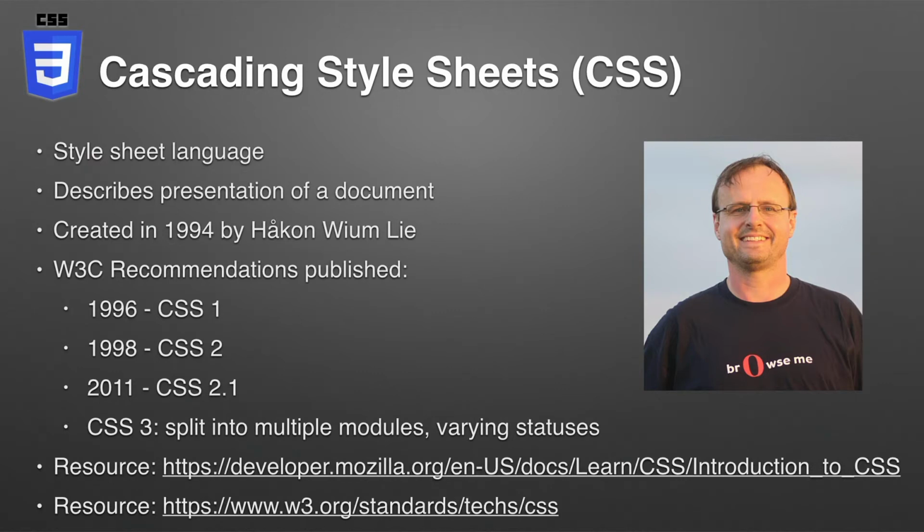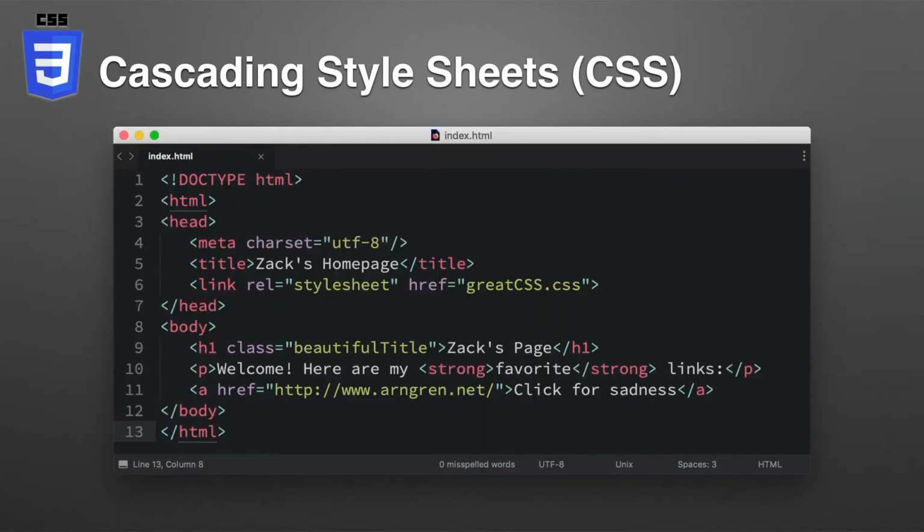More recent versions of cascading style sheets have allowed you to incorporate things like small animations and some state data, taking a little bit of the interactive side and moving it into style sheets lately. Historically, that's not the case. Here are some good links if you want more information about CSS in general. But let's take a look at adding it to the simple example that we've been working with.